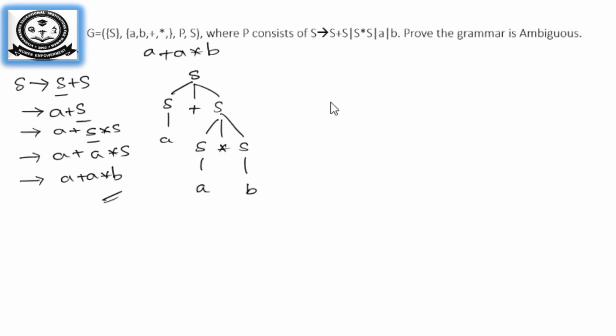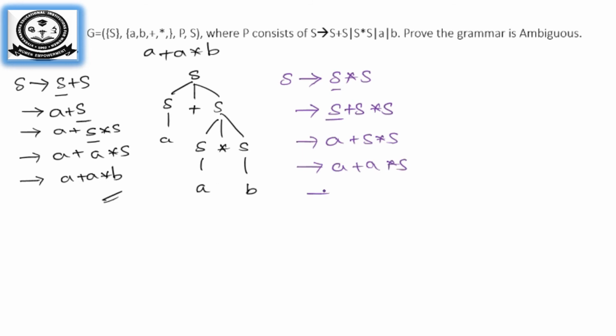So instead of S plus S, if we start with S star S, we'll draw like this. I'll do it with S star S. We can see whether we have a different diagram or not. So in the leftmost derivation, you will have S plus S star S. Again this S can be replaced with A plus S star S. So from the derivation itself, it is clear that it is not the same derivation.